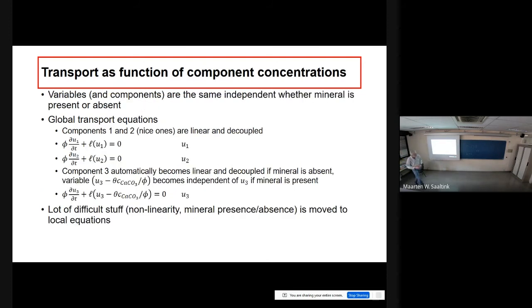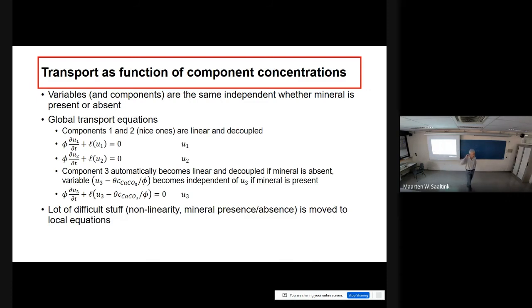Okay, now the other thing, if I use the component concentrations. I take my first two equations, which were the nice components, and I just write them as U1, the concentration for the first component, which are only liquids, and U2 for the second. And of course, this is just linear.